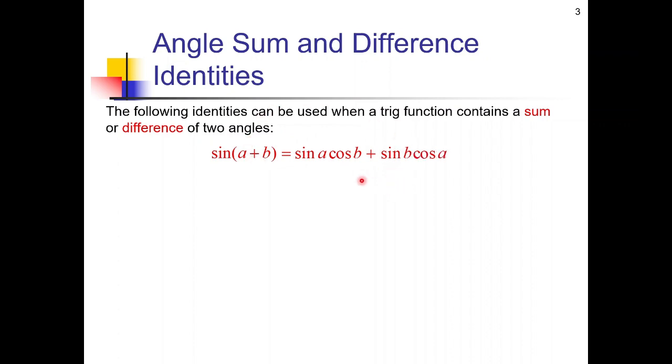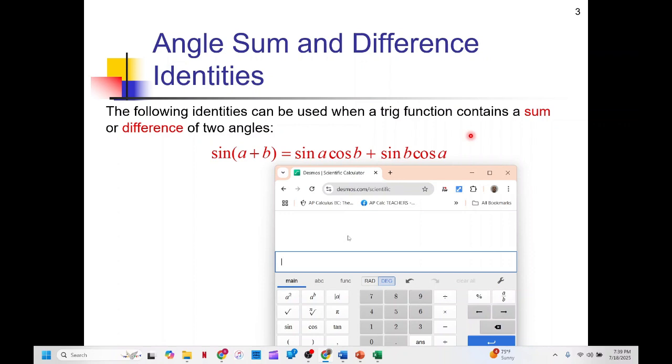Now, we're not at any point in this lesson going to derive or prove this, but I do want to show you on Desmos that this does actually give you the same values with both expressions. So let's take a look at that. To prove my point, let's just define an A and B. We'll call A 45 and B we'll call 60.